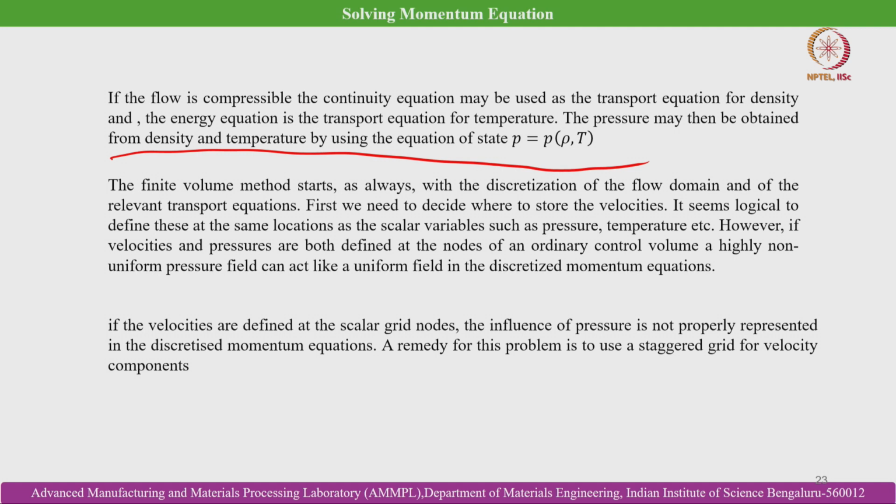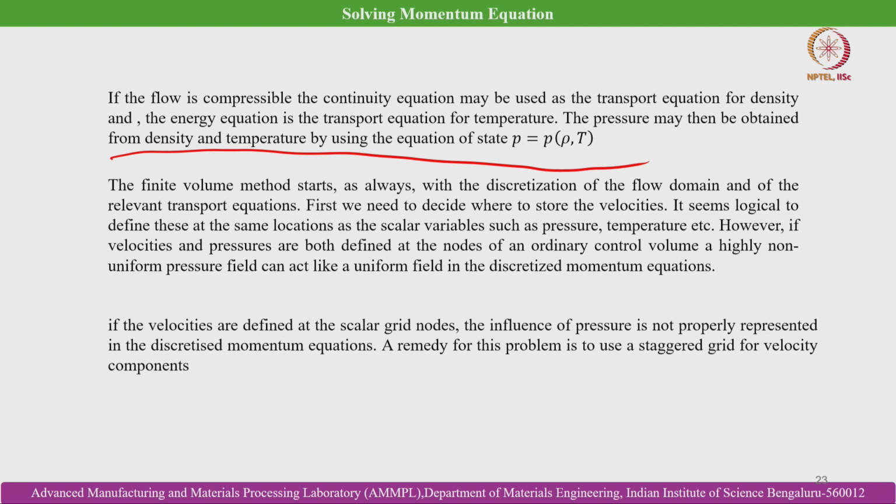The finite volume method starts with the discretization of the flow domain and of the relevant transport equations. First we need to decide where to store the velocities. It seems logical to define these at the same locations as the scalar variables such as pressure, temperature, etc.